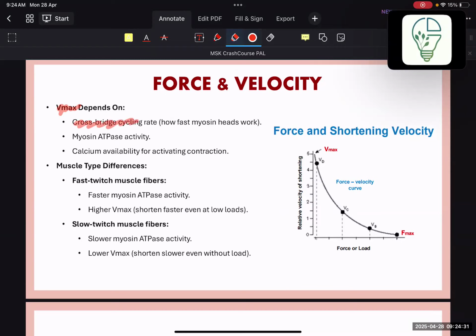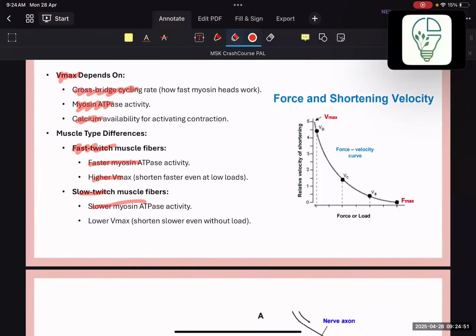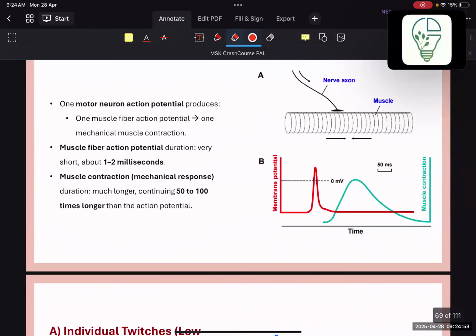How fast is it? It depends on how fast the myosin ATPase is, and it depends on how much calcium you have available. So these factors are usually determined by the type of muscle you're dealing with. If you're dealing with a fast twitch muscle, then obviously you have a higher Vmax and a faster myosin ATPase. And if you're dealing with a slow twitch muscle, then obviously slower myosin ATPase and slower Vmax.